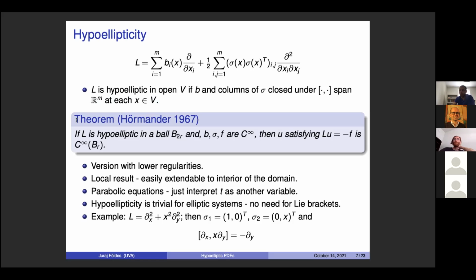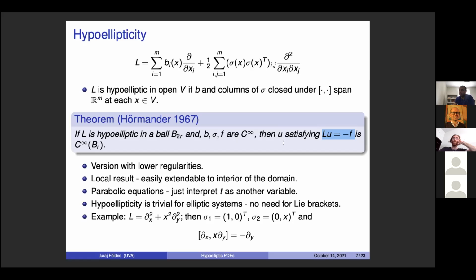Then there's a very famous theorem by Hörmander, and he got pretty much the Fields Medal for these results. It's telling you that if an operator is hypoelliptic in some ball of twice the radius and these B, sigma, and f are C infinity functions, then if you have a PDE, L of u is equal to minus f, then this solution is also C infinity.